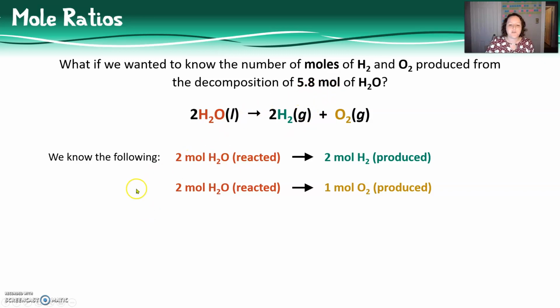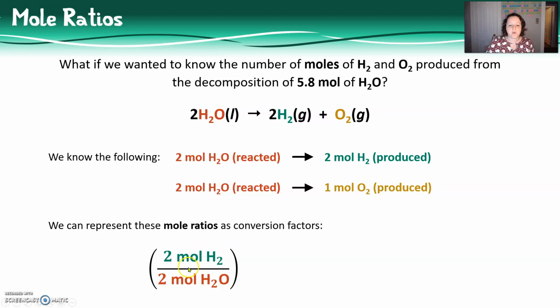For this, we should first write the mole ratios for the chemical species in the reaction based on their molar coefficients. Since there are 2 moles of hydrogen produced when 2 moles of water reacts, this can be written as 2 moles of hydrogen per 2 moles of water. And since there is 1 mole of oxygen produced when 2 moles of water reacts, this can be written as 1 mole of oxygen per 2 moles of water.